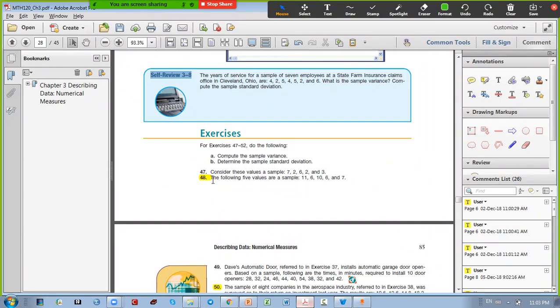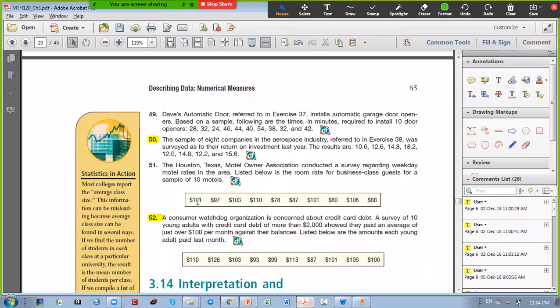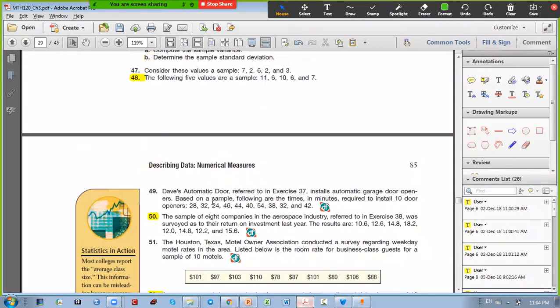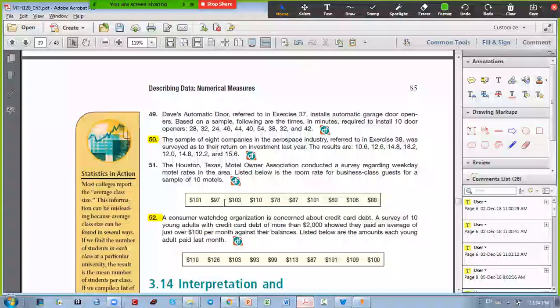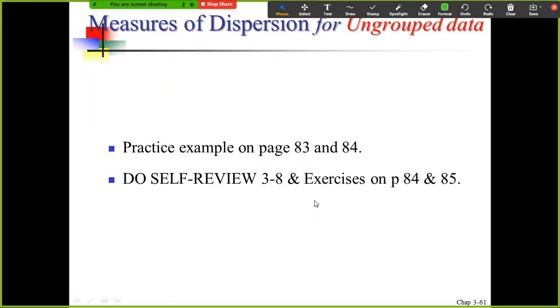The exercise numbers are 48, 50 and 52. Now it's time for you to study, watch, and practice the examples, self review, and answer the exercises as homework.